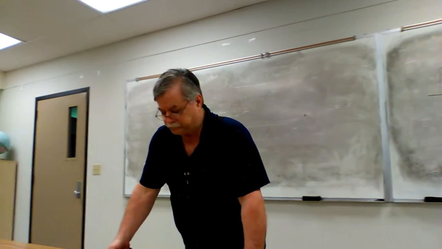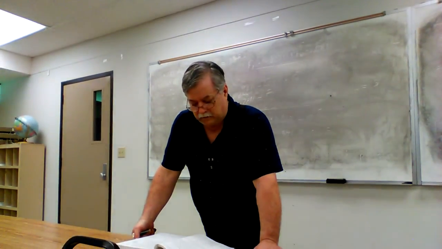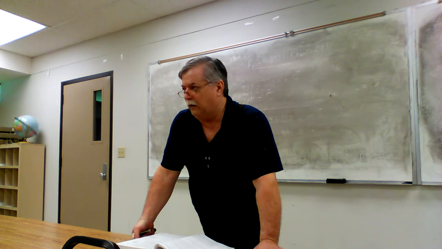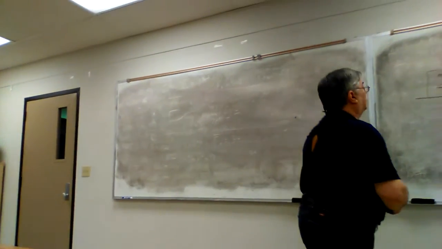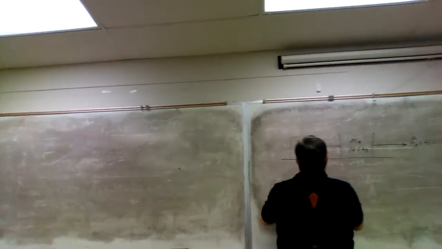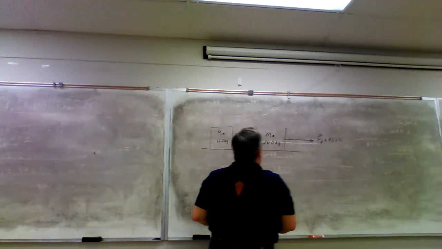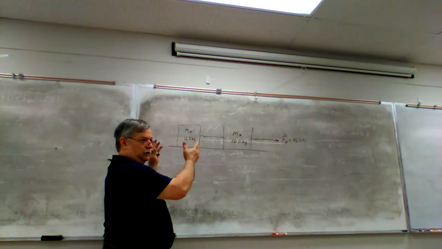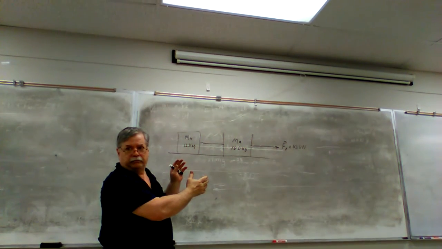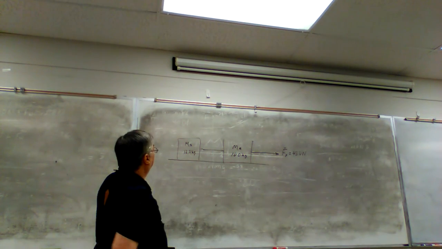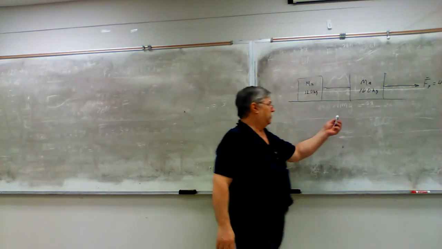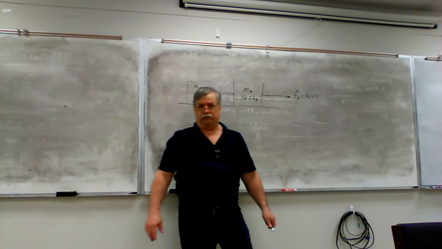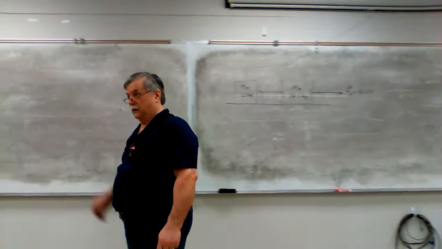Now, first let me point out to you that it would be perfectly legitimate to treat this entire arrangement as a single object of 10 plus 12, which is 22 kilograms, that you are pulling on with a force of 40 newtons. Okay?